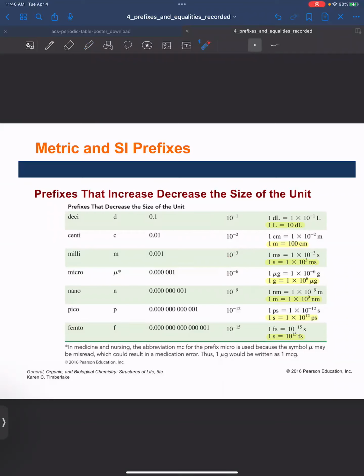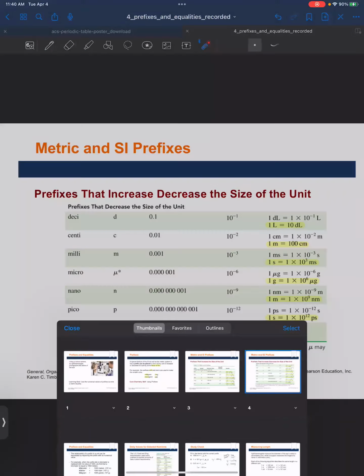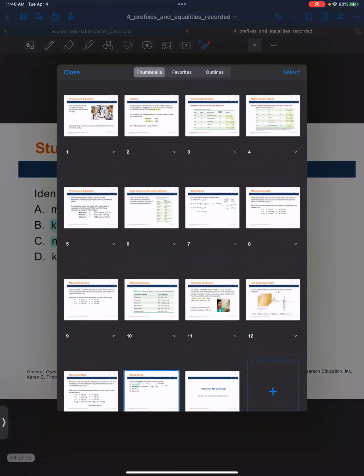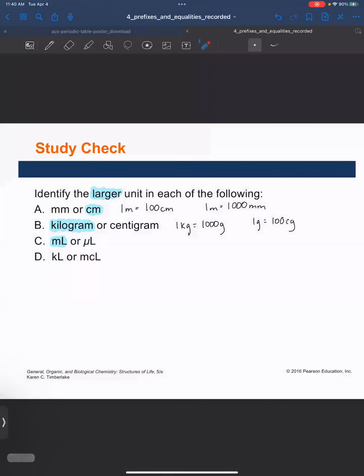That's why milli is a lot larger compared to micro. What about kiloliter or microliter? Definitely kiloliters. Kilo is one of those units that makes things larger, and micro makes it smaller. So kilo is definitely the larger unit.